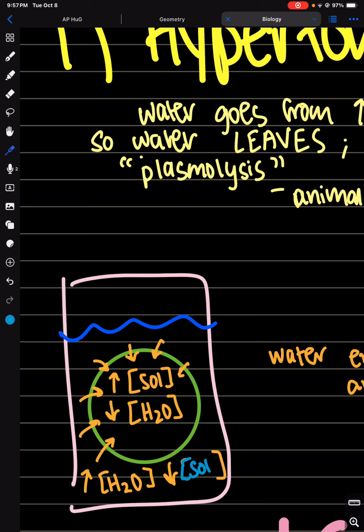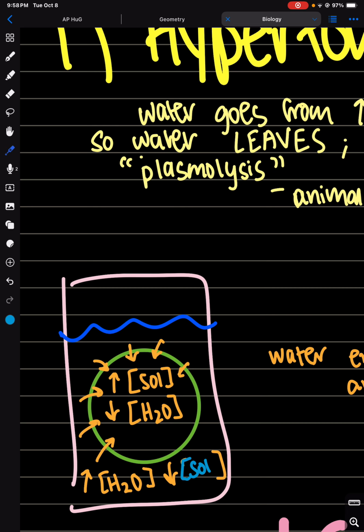So, remember how water always moves from high to low? So this water is going to go from here inside the cell. And so water is going to start entering the cell, and this is going to make this cell swell, S-W-E-L-L, swell, and it might burst.